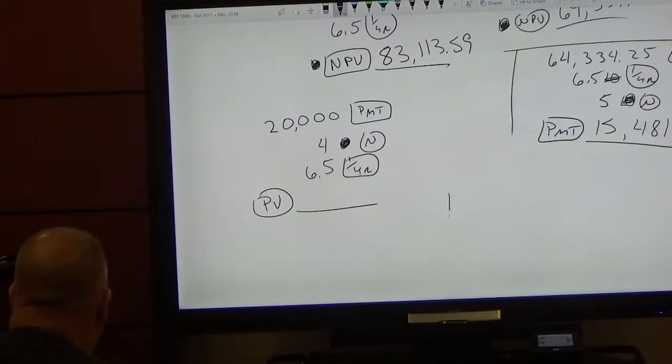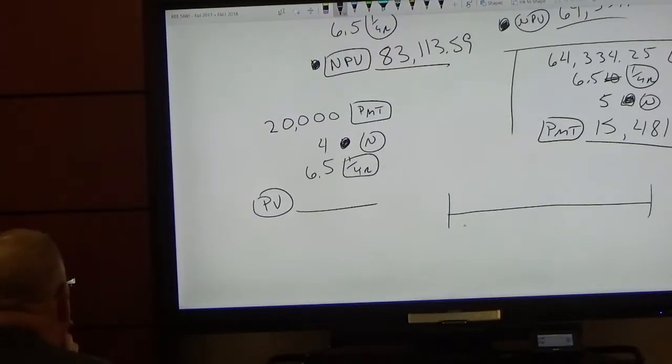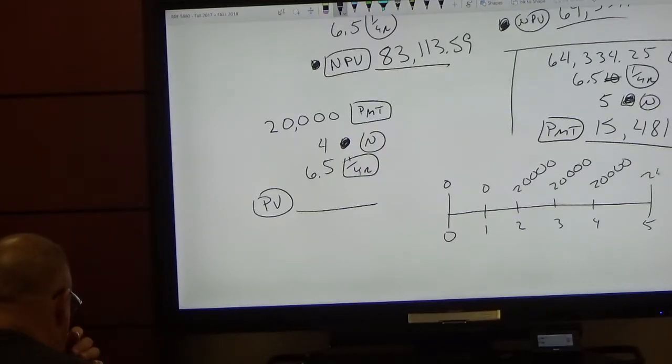Now, let me also just draw this on a timeline here for a second. Okay, so what we're going to be solving for is what is the present value here. Does that make sense? Yeah. Okay, not the present value here with this.